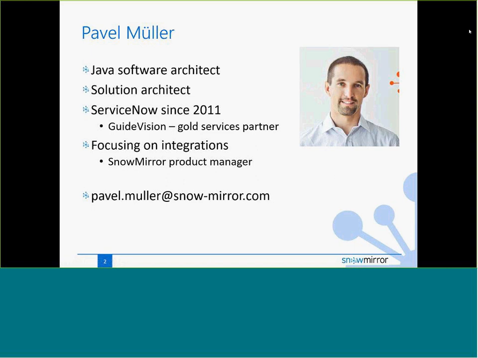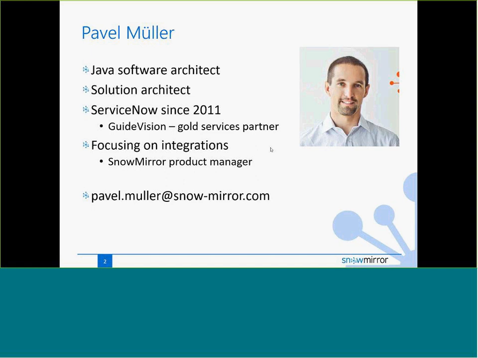First of all, please let me introduce myself. My name is Pavel Miller, and I am a ServiceNow consultant and architect, mainly focusing on integrations. I've been in IT for almost 20 years, with a background in Java development. I am a Java architect and a solution architect, and have been with ServiceNow since 2011. I work for a company called Guide Vision.